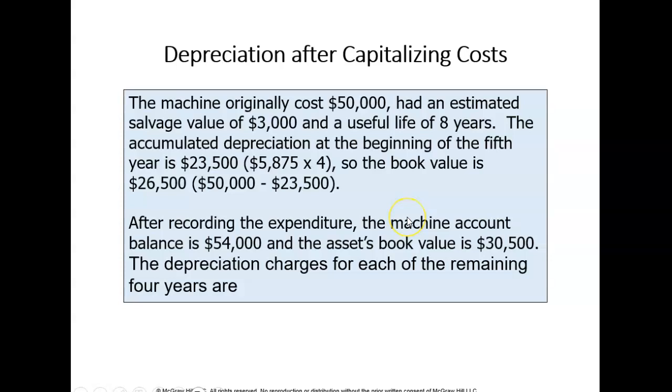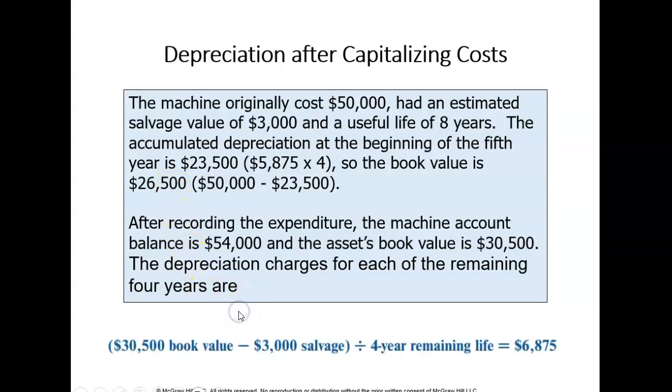So now that $4,000 is added to the original cost of $50,000, so $54,000 will be the total cost of the machine. The current book value is $30,500. We're adding that 4,000 to that 26,500 to get the current book value of that machine.